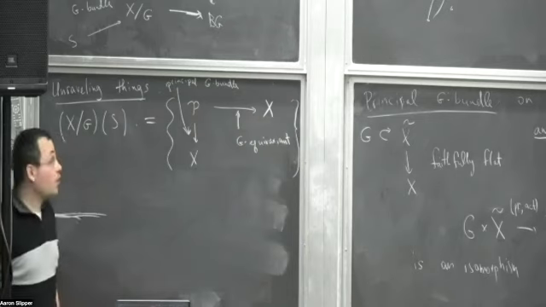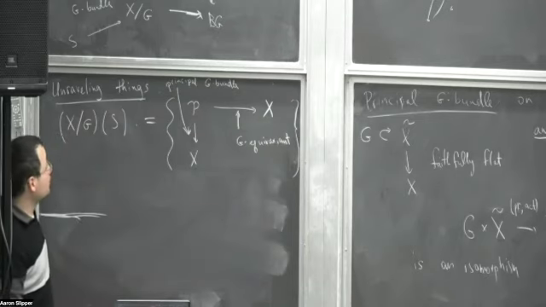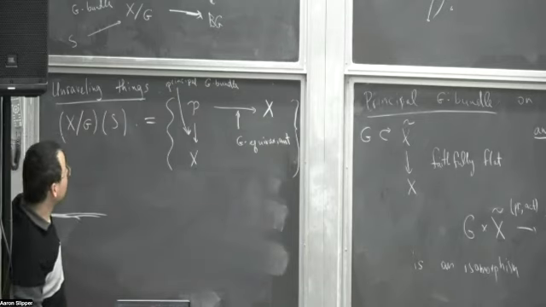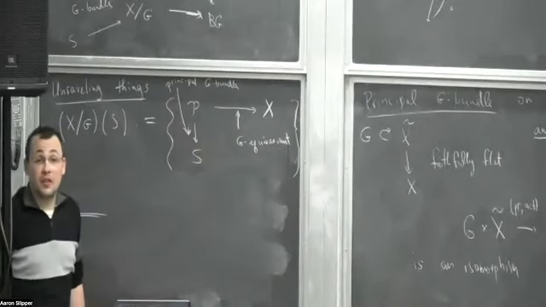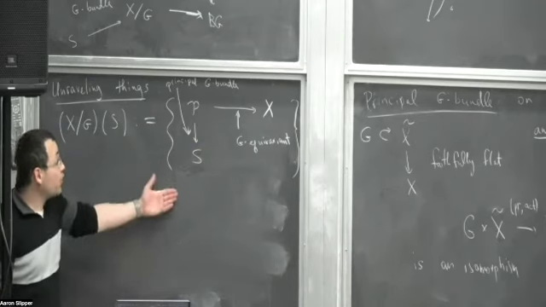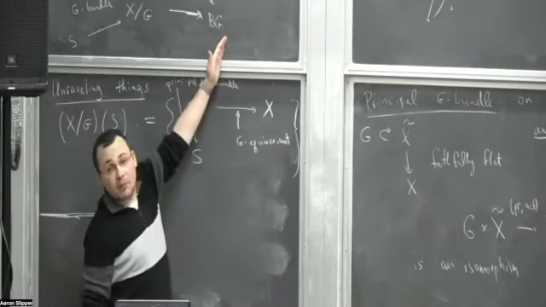And this is the vertical map to S, right? Oh, what's that? Oh, it's S. I'm sorry, thank you. Yes. So it's a principal G bundle on S. That's the composite map to BG.